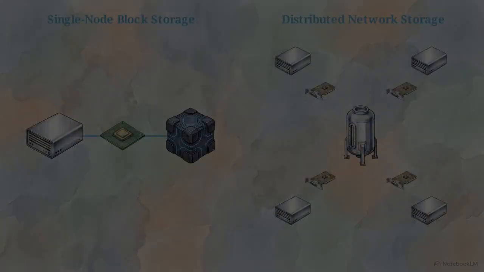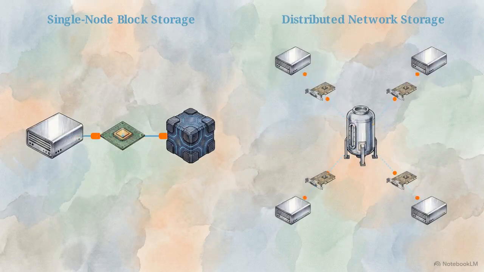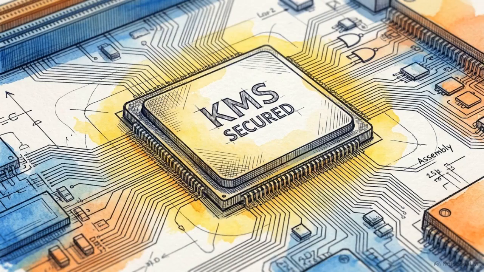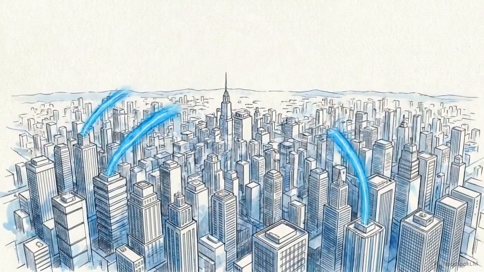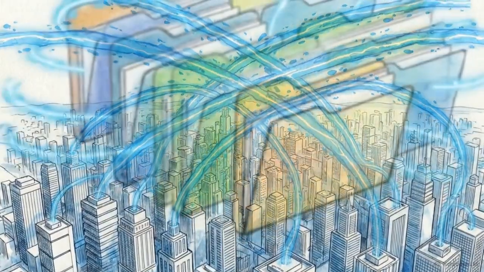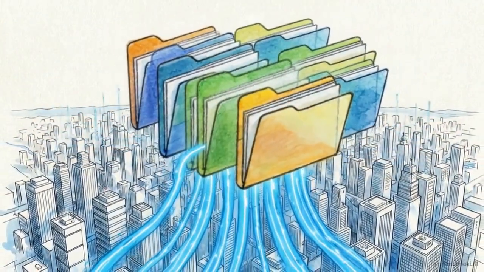Successful cloud architecture ultimately comes down to matching the specific mechanics of your storage medium to the precise network topology of your workload. For low-latency, dedicated single-node processing, you rely on block storage, utilizing the physical AWS Nitro fabric to enforce KMS encryption with zero performance penalties. For distributed, concurrent access, you implement EFS for your Linux environments, using local ENI mount targets to neutralize cross-zone latency and maintain high performance.